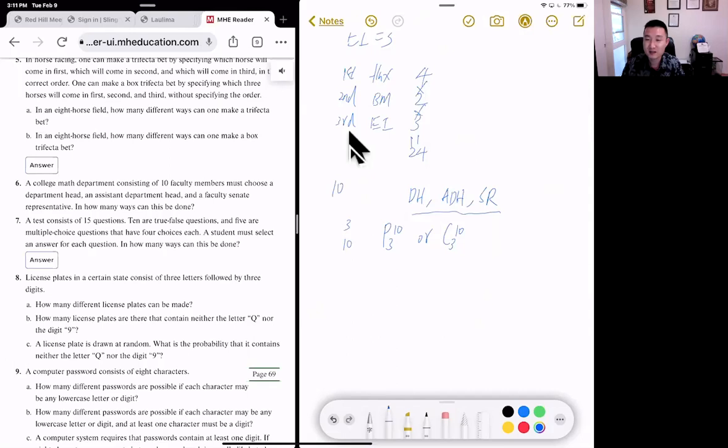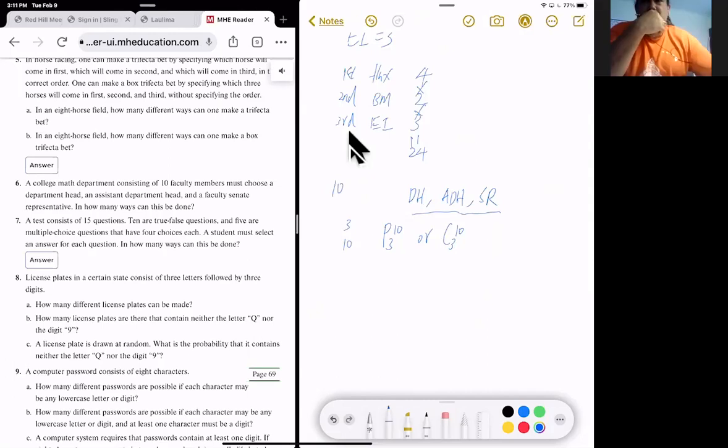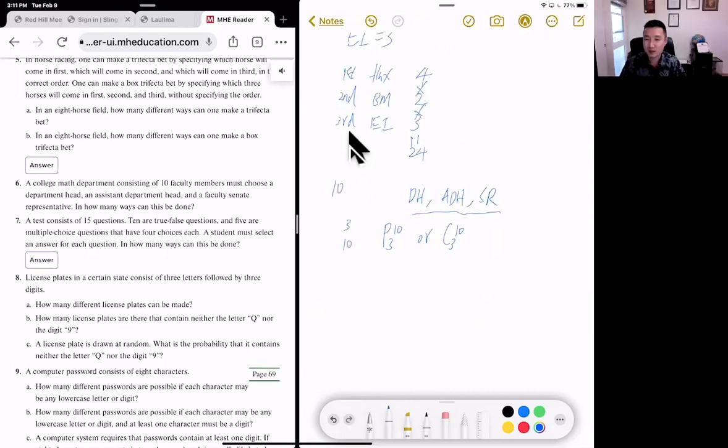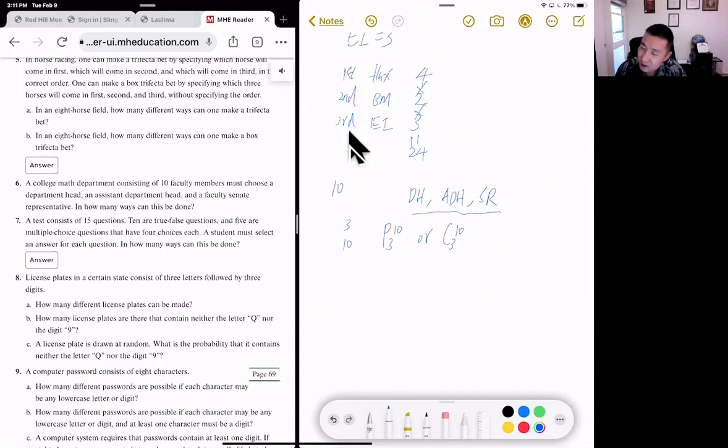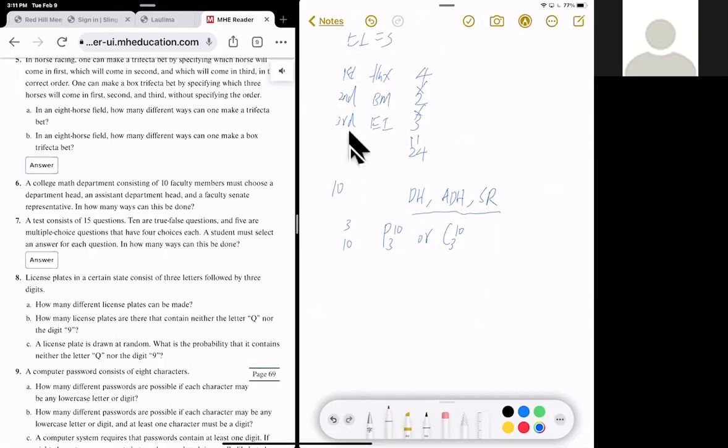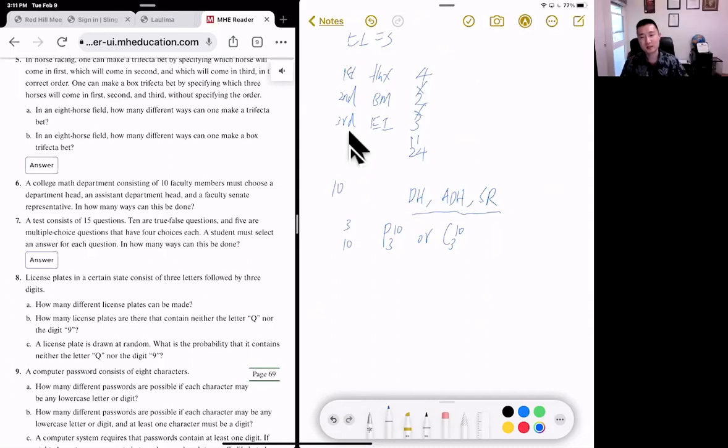Anybody want to have a guess? Combination. Why should we use combination, not permutation? Because order doesn't matter. Why does the order not matter?